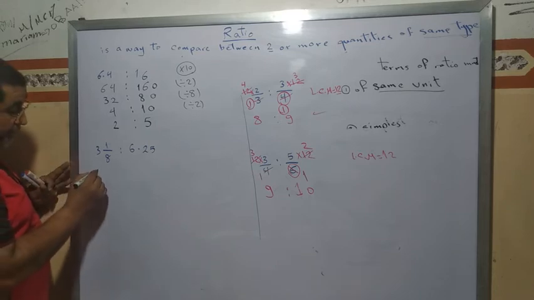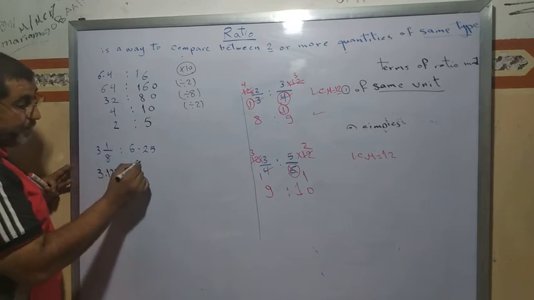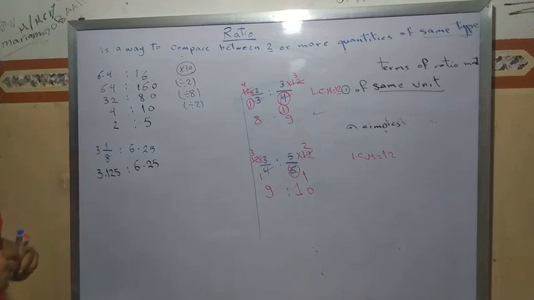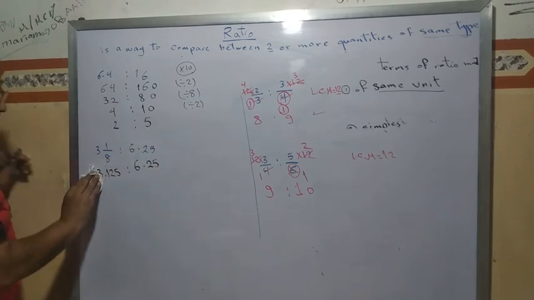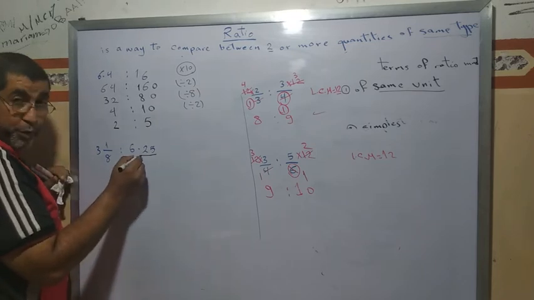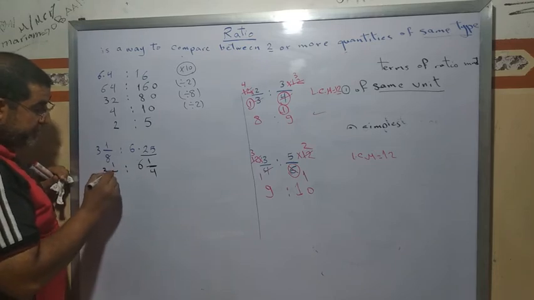That means this number is 3.125 and this number is 6.25. Or I can write this as a fraction: 6 and 0.25 is a quarter. 6 and a quarter, and 3 and 1/8.